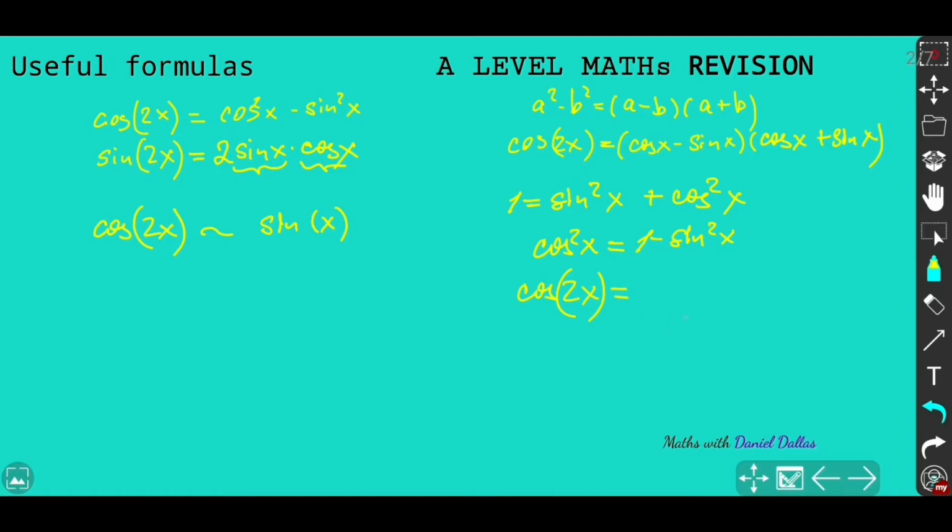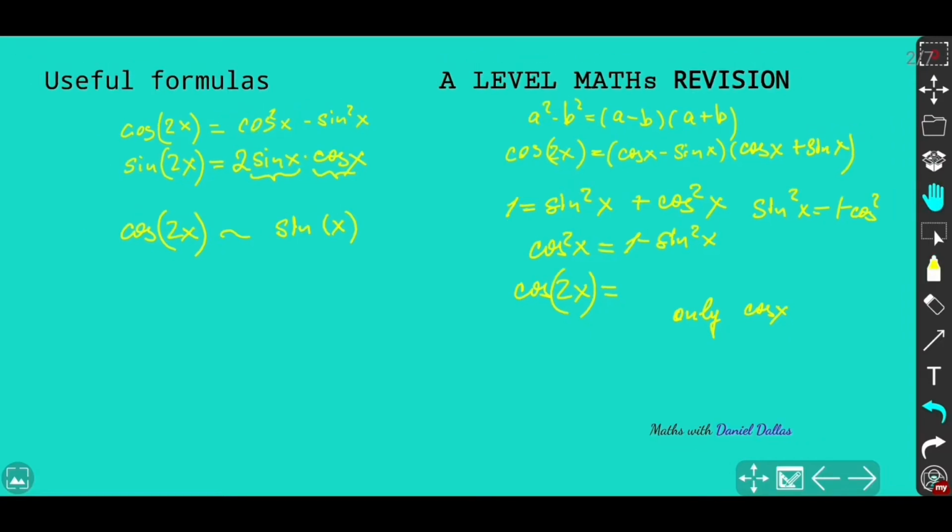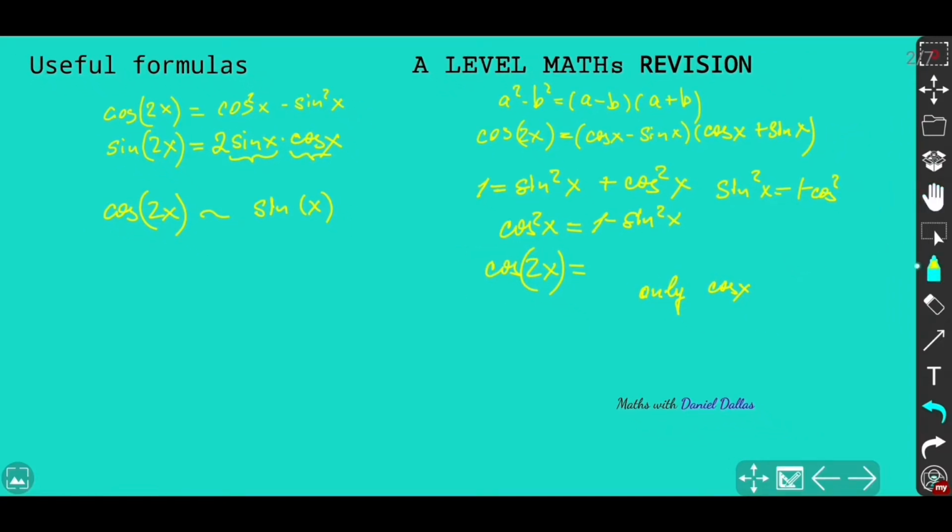For example, if the right side involves only cos, you can easily do that, because 1 minus sine squared x expresses cos through sine, but because you need only cos x, you can express vice versa sine squared x as 1 minus cos squared x. So you understand that using the trigonometric identity, you can always express one trigonometric function through another.